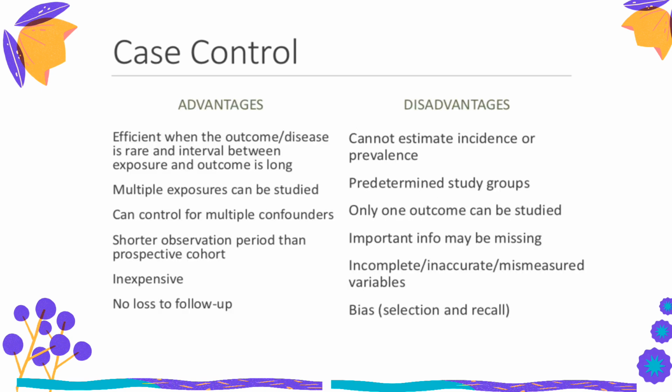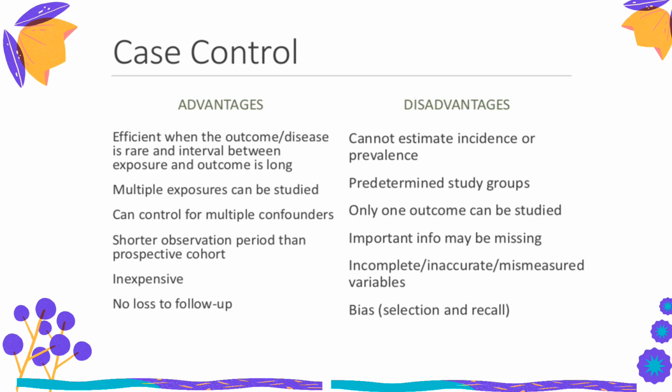Now, for the advantages of case control, it is efficient when the outcome disease is rare and the interval between exposure and outcome is long. Multiple exposures can be studied and control for multiple confounders is available. It has a shorter observation period than prospective cohort, it is inexpensive, and there is no loss to follow-up.